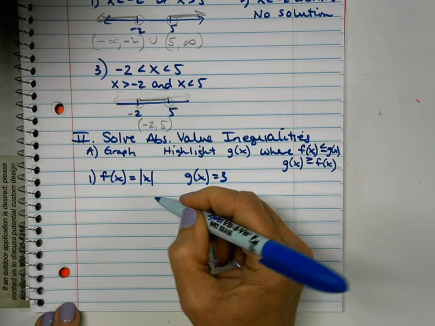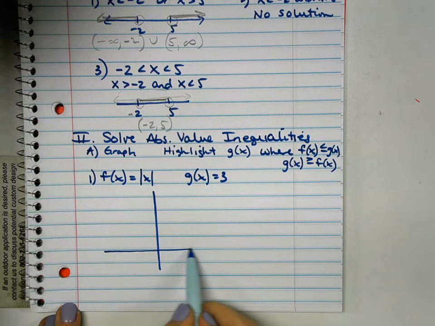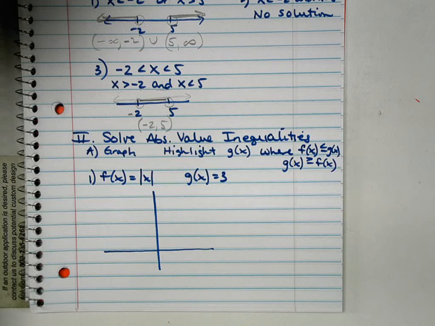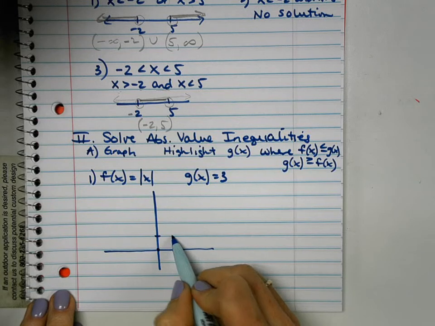So set up an x and y axis. Absolute value of x has not been shifted at all, so it's just right here, 0, 0. This is the parent graph with a slope of 1. So I'm going to go up 1 over 1.